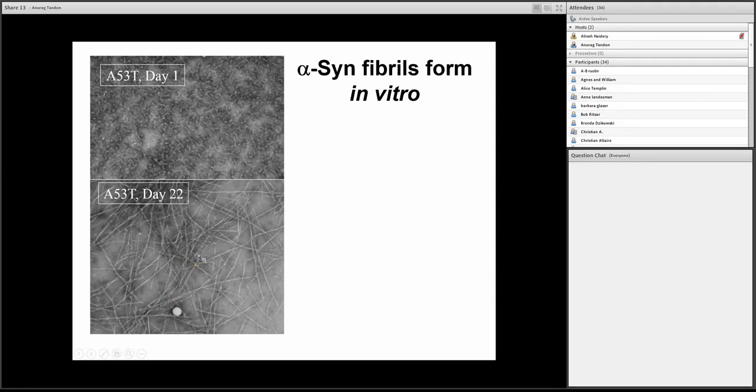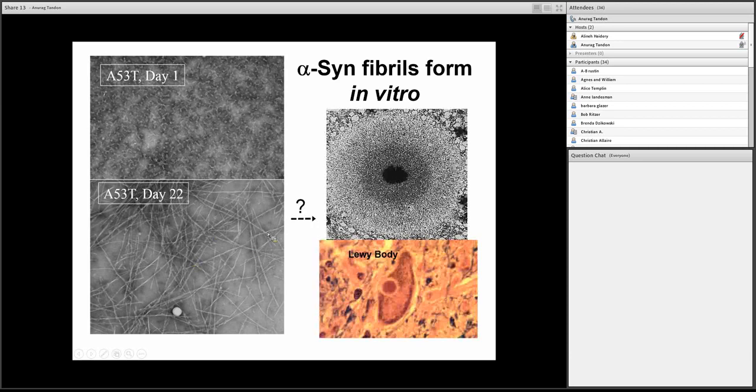Now, the question that still remains is whether these fibrils are the same thing as what's contained in here. Obviously, there are most likely some structural changes that we don't fully understand, but it is reasonable to assume that these are the type of fibrils that eventually form this Lewy body structure.